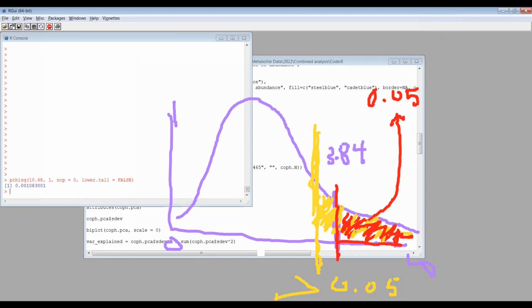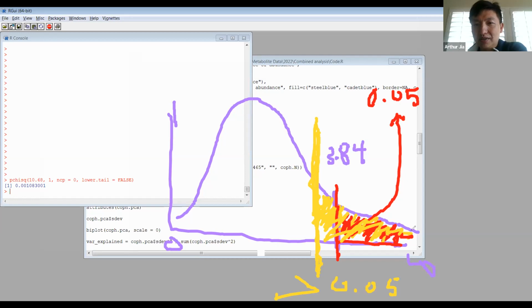Yeah, I can see that. Okay, so that's the p-value, right? I hope by doing this exercise, you understand what the p-value means in this chi-square test. If in your specific test you got a statistic which is smaller than this cutoff, 3.84, then definitely you're going to get a p-value defined as this area under the curve on the right-hand side of this value.